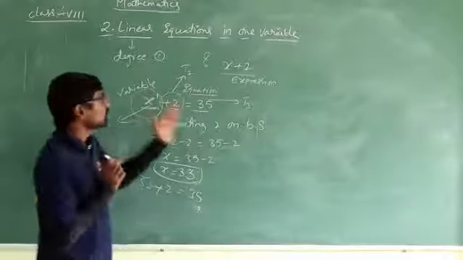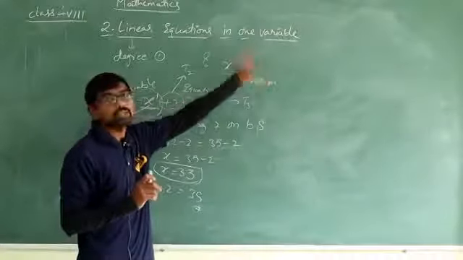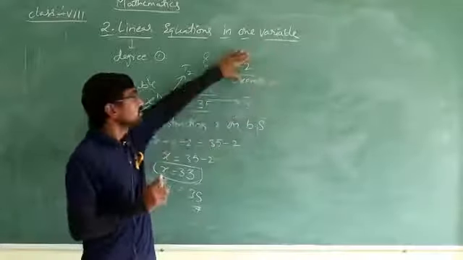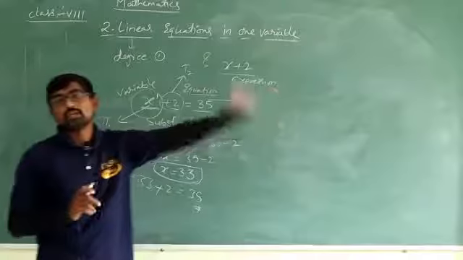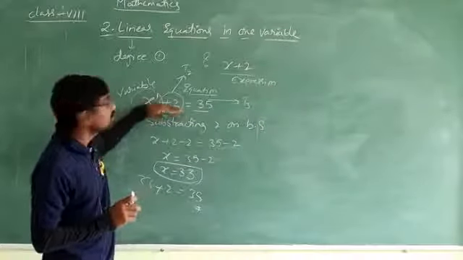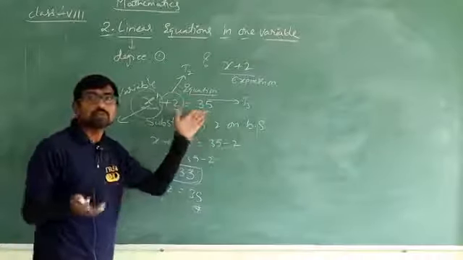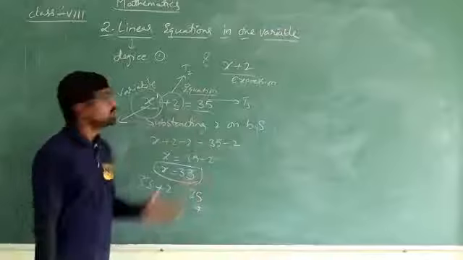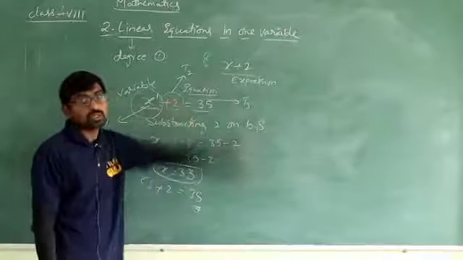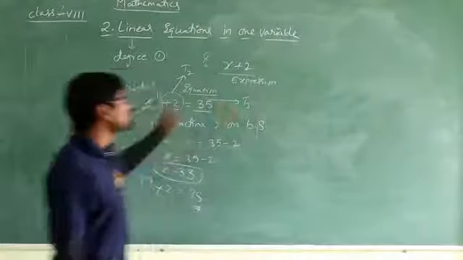Understood? So basically, this is an expression. Why? Here we don't have an equal to symbol and some quantity. This thing is not equated to any other quantity. Here this thing is equated to some quantity, either it may be 0, 1, 2, 3 or any other number. So whenever we get an equal to symbol, whenever this thing is equated to some other quantity, then it is called an equation. This is the difference between equation and expression.